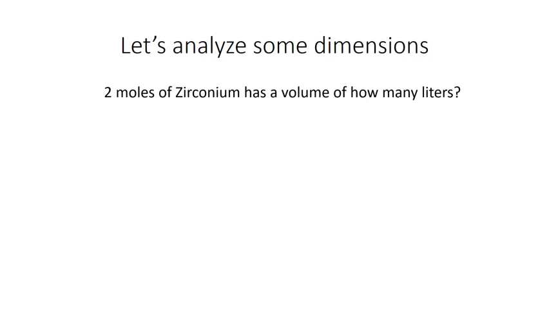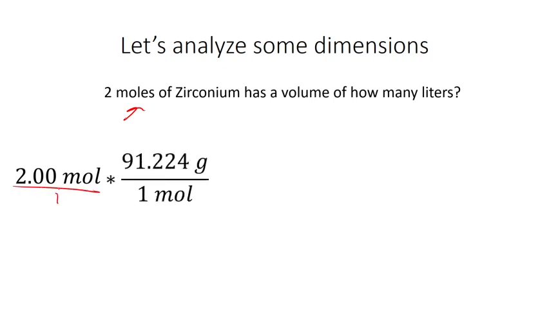So then if we had something like 2 moles of zirconium has a volume of how many liters, right? We will not be able to convert directly from moles to liters, but we can get there, right? Again, we'll start with what we know. We know we have 2 moles of zirconium. We can put that over 1. Then we find our atomic mass, right? Because that has units of moles that we can cancel out. Then we're going to convert grams to milliliters.